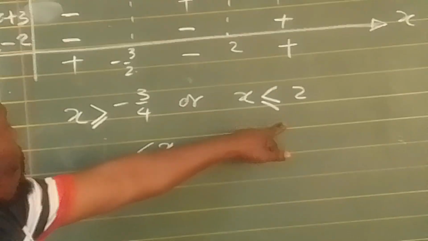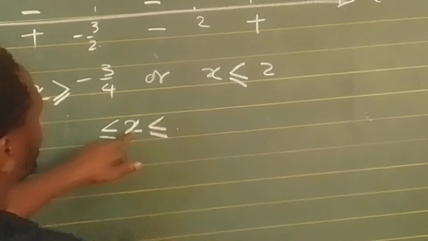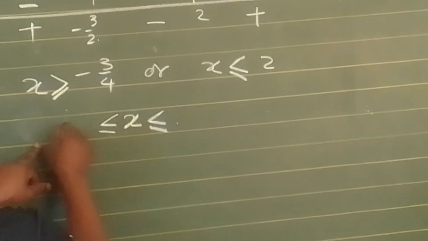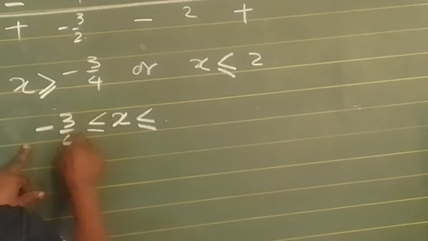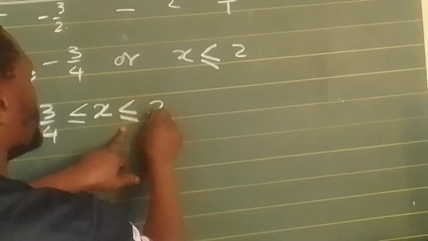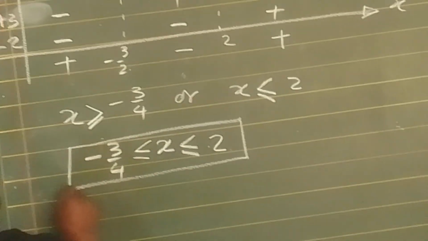So it is going to be greater or equals, less or equals. So x is going to be greater or equals to minus 3 over 2, or x is less or equals to 2. This is your solution.